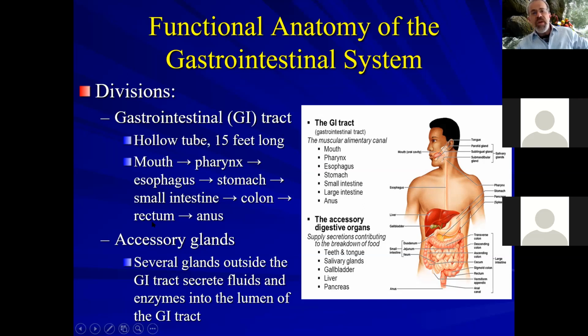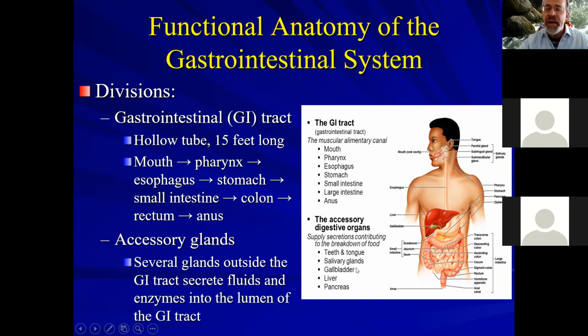Well, in addition, we also have structures called accessory glands or accessory organs. These are structures that contribute to digestion, but aren't essentially part of the tract. So for example, the salivary glands, they're up here, they're actually outside the oral cavity, but they squirt substances like saliva into the oral cavity.